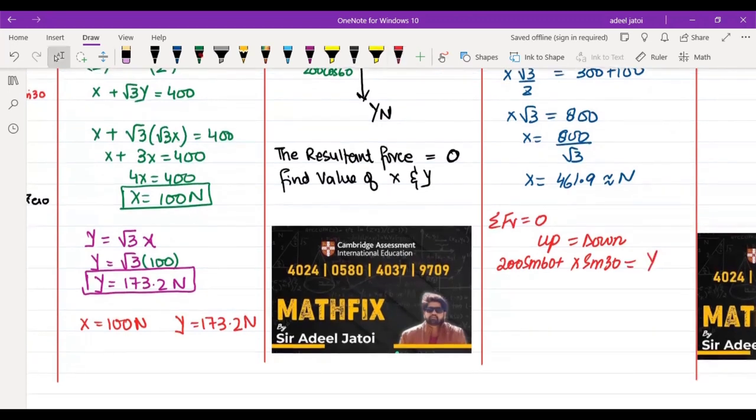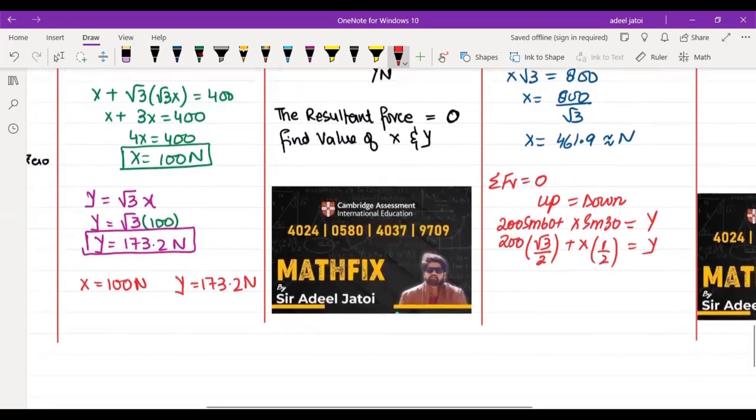Now we already know that sin 60 is under root 3 upon 2. So this is 200 times under root 3 upon 2 plus x times 1 upon 2, since sin 30 is 1 upon 2, which is equal to y.